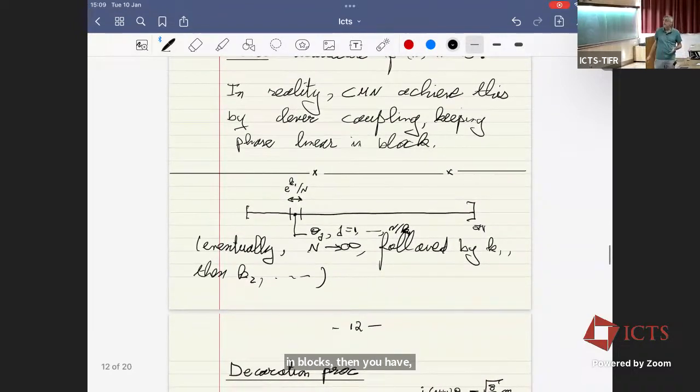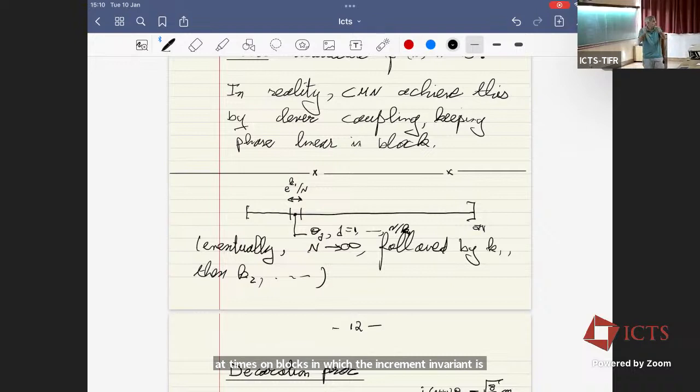And in fact, that's a method that CMN are using. They do a coupling in blocks. They don't look at every single time instance. They look at blocks in which the increment variance is of order 1. That block is decomposed into a lot of small pieces, so you get Gaussianity for free.